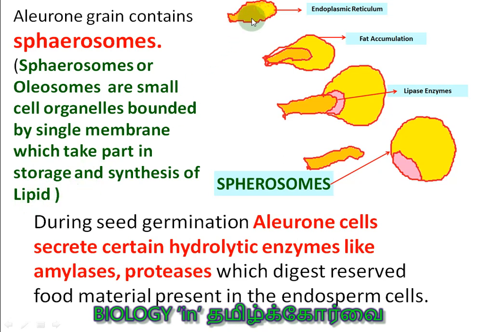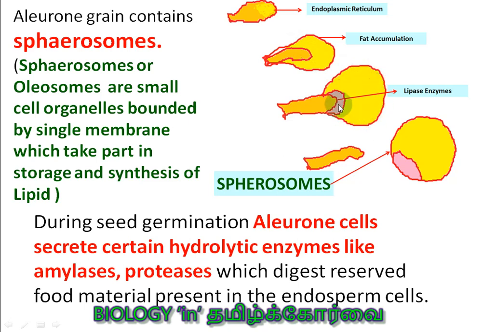It is actually formed from the endoplasmic reticulum, where the fat accumulation takes place. The fat accumulation further grows and forms a bulged structure, and it becomes a spherical body.